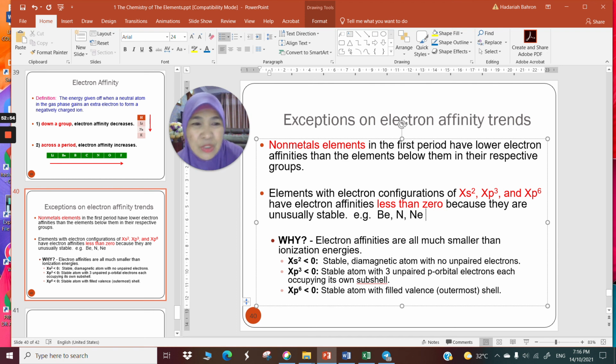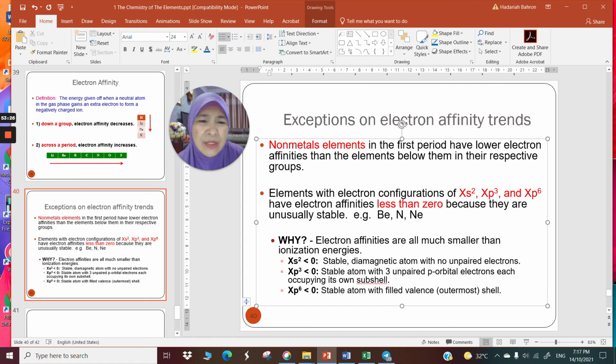When the s orbital is full with s2, or when the p orbital is half full with p3, or when the p orbital is completely full with p6, they are going to have very high stability. So when they have high stability, it is really difficult to give them more electrons. They're quite happy existing as they are, so there's no need to give them electrons.